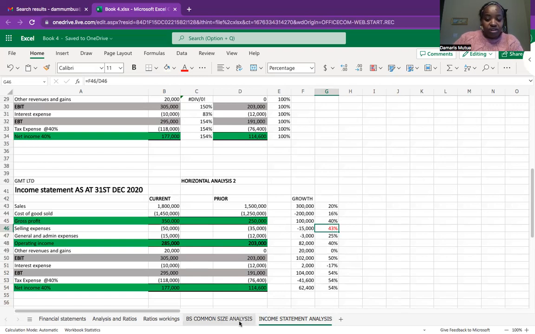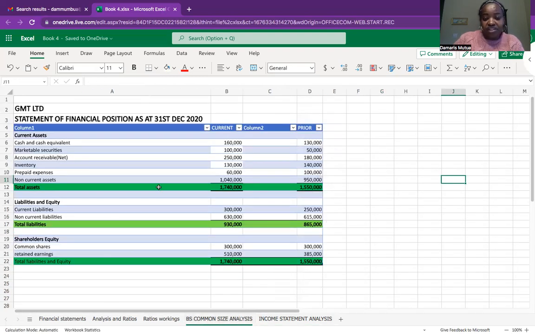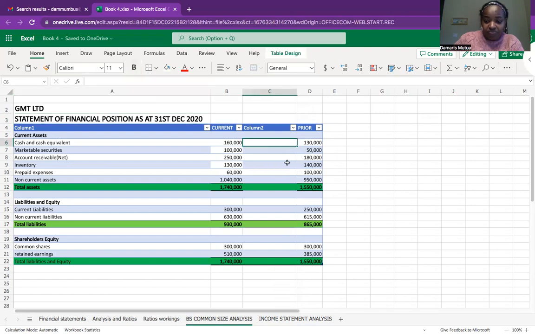I'm going to move on now to the analysis of the balance sheet, the statement of financial position. And we're going to be doing the same on the statement of financial position. We want to know the growth. We want to know how we are doing. What is the percentage of cash and cash equivalent from one period to the other?